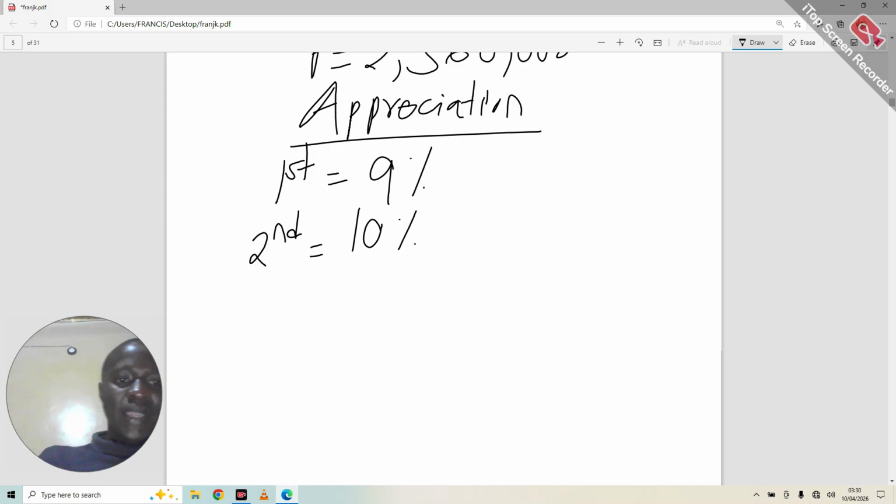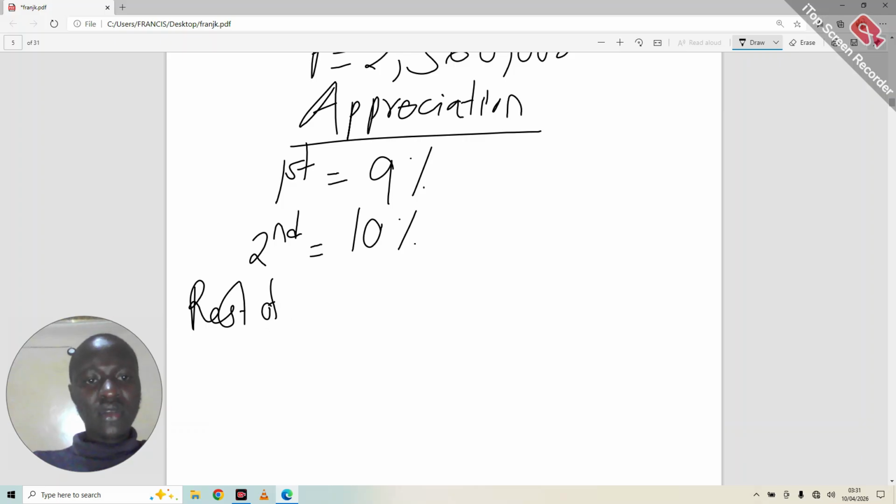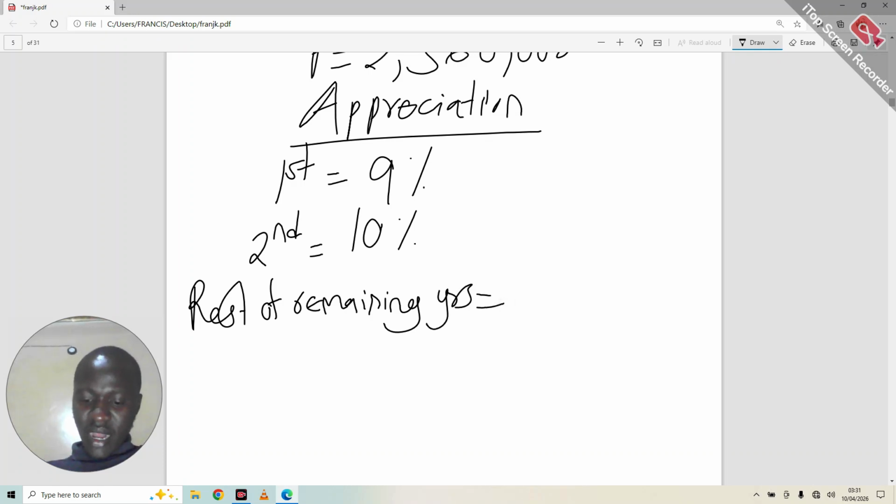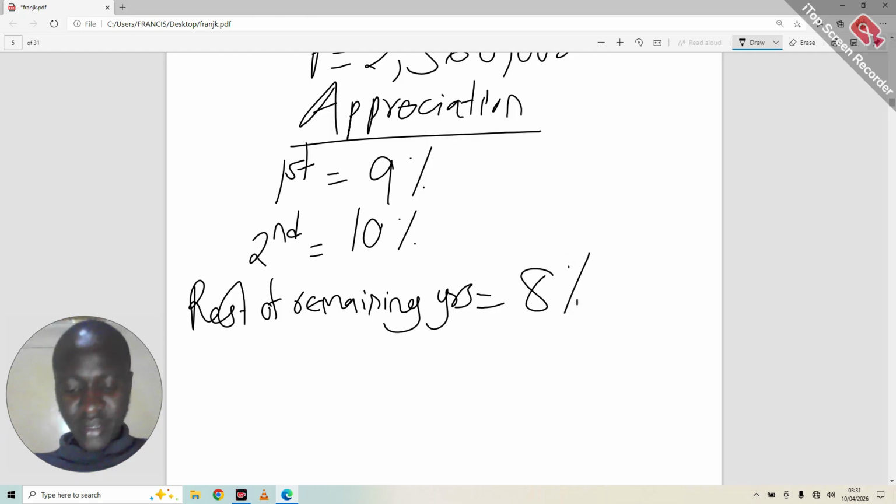So for the rest of remaining years, I don't have to write the third year because it is not exactly the third year, but for the rest of the remaining years. The land is appreciating by 8% yearly, each and every year. So we don't know how many years are there, but we are yet to find that.